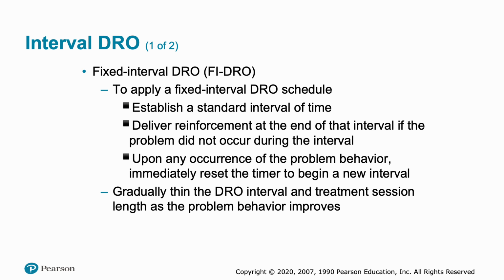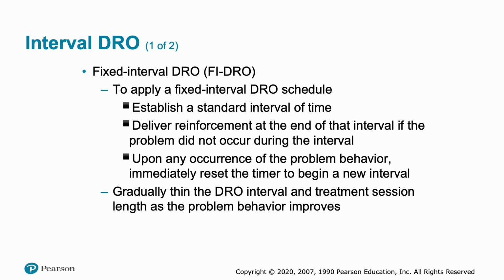When you're using an interval DRO, it's very important that you gradually thin the DRO interval schedule and also the treatment session length as the problem behavior continues to improve. So if you're seeing improvements with your client's behavior, then you want to make sure that they can go longer periods without engaging in the problem behavior. You're not going to expect them to go from 1 minute to 10 minutes without engaging in the problem behavior.